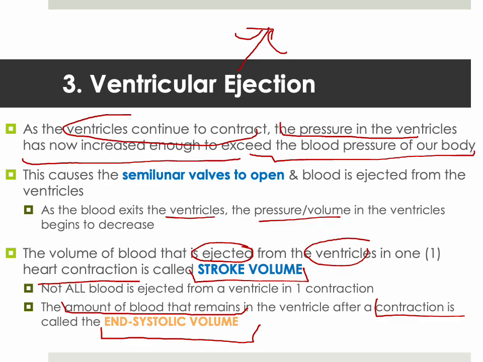Okay? So to repeat, in the ventricular ejection phase, the ventricles are still contracting to the point that the pressure builds up enough to open the semilunar valves. The blood is going to be ejected.